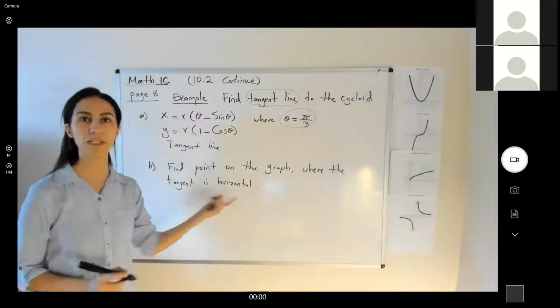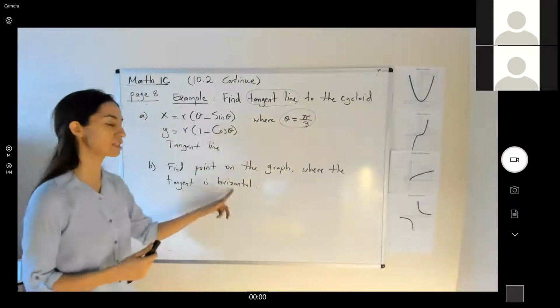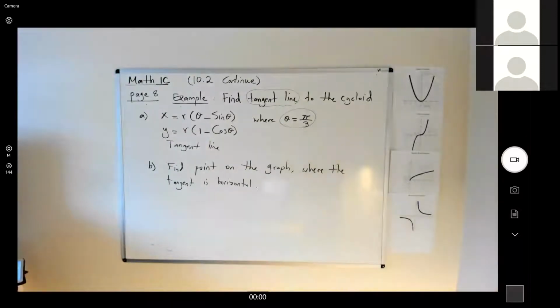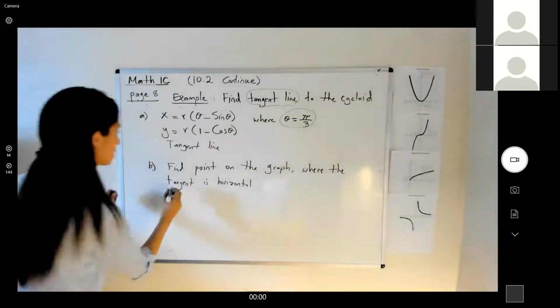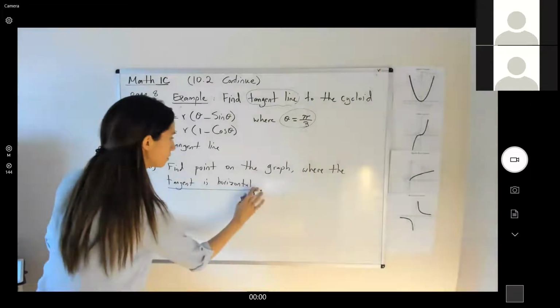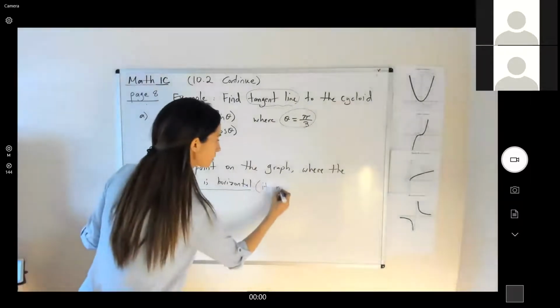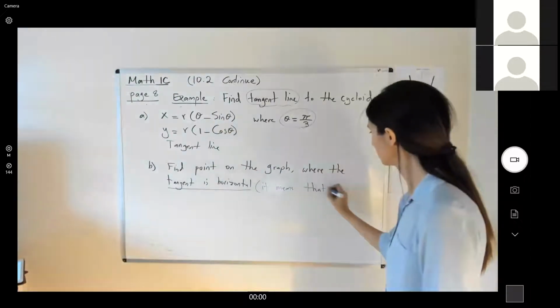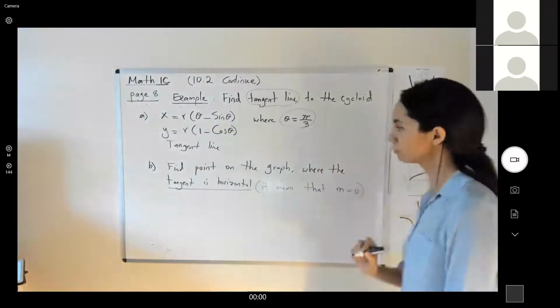So what's the meaning of that? It means that the slope of the line is equal to 0. Tangent is horizontal. It means that slope is equal to 0.